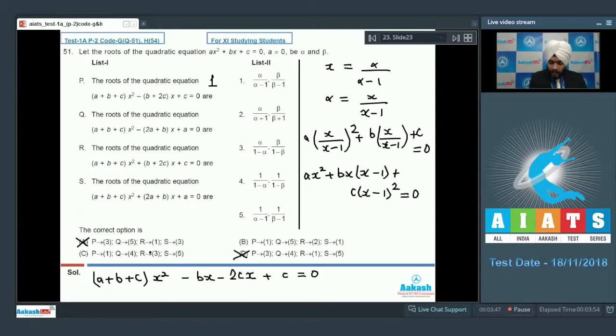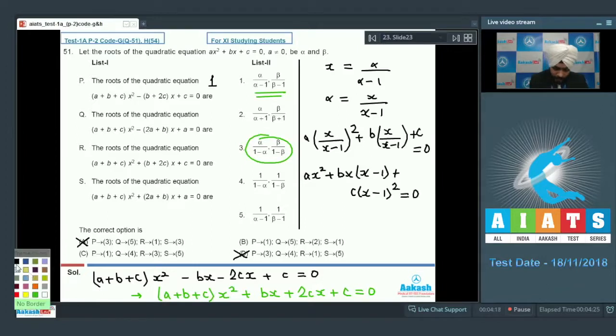If p is 1, we have to check for either q or r or s because all 4 are different. Carefully looking at this particular expression which is given in the third one, it is exactly negative of this one. So the answer will contain minus x in place of x. So the answer of C part will be a plus b plus c x square plus bx plus 2cx plus c equals to 0.